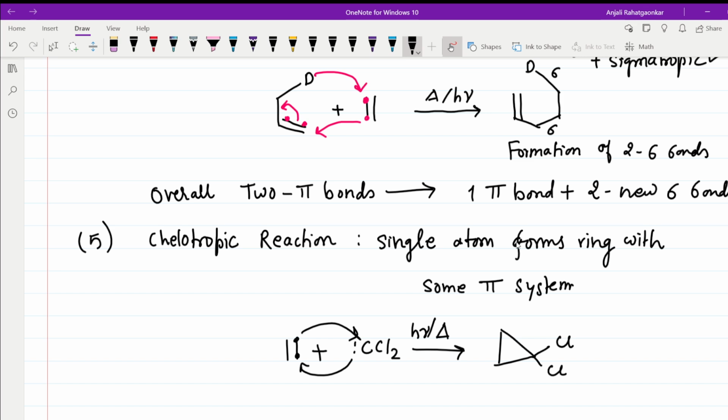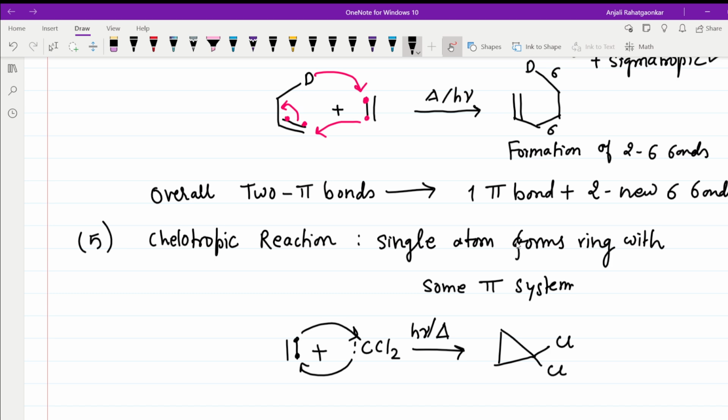So please remember that in the photochemical reaction, maximum reactions take place in the triplet state. Why? Because the life of this particular triplet state is longer than the life of the singlet state that we have seen in the Jablonski diagram.